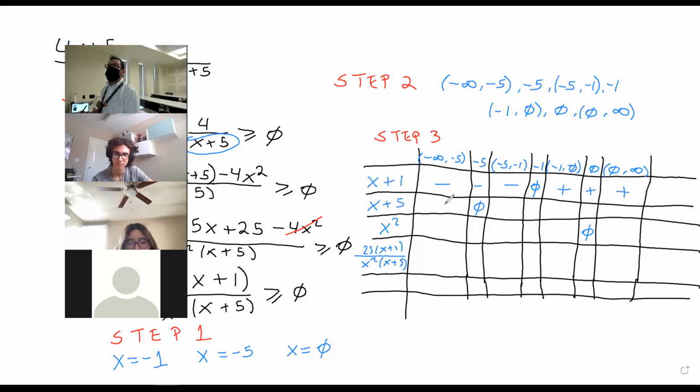Over here, anything that's less than -5 is going to be negative, and anything that's larger is going to be positive. In the x squared, what are we going to see here, Andres? They're all going to be positive. Correct, because it's an x squared.